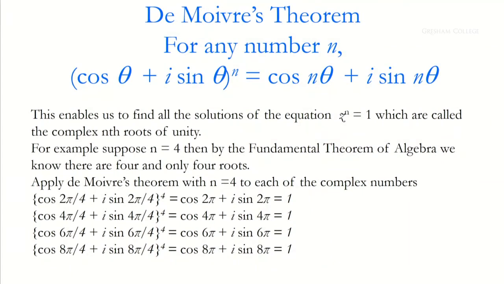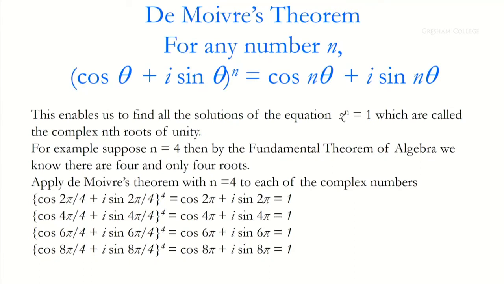That's me raising them to the power of 4 here. And what do I have to do? Well, I have to multiply the angles in here by 4. And so 2 pi over 4 multiplied by 4 gives me the 2 pi. Here, 4 pi over 4 multiplied by 4 gives me 4 pi. So when I raise each of them to the power of 4, I get these 4 numbers over here, each of which is 1. All right?